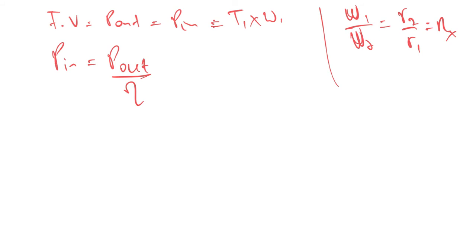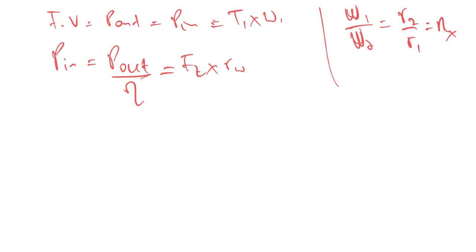Okay. So P in is equal to P out over the efficiency. Remember, P out is at the wheel. Right. And then we said P out is the tractive force, which we already know. We can calculate P out times the radius of the wheel.